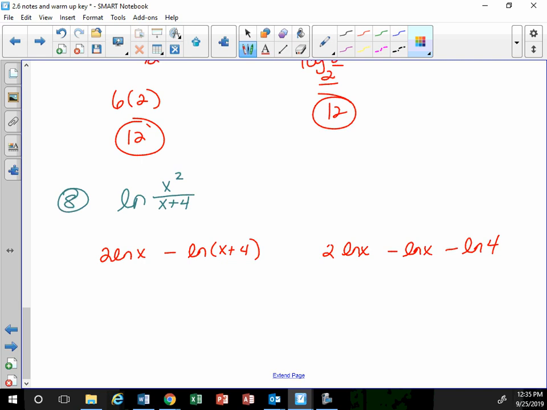All right, how many vote for answer 1? How many vote for answer 2? Okay, some of you just aren't voting. Yeah, it is not the second one, guys.